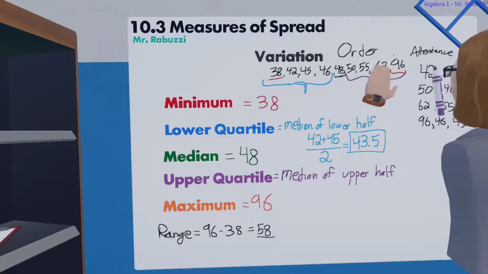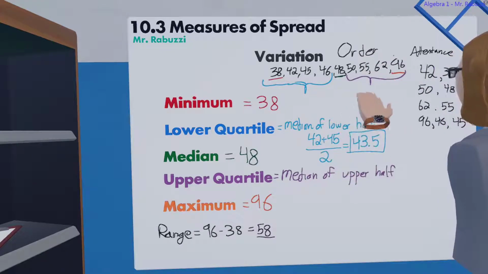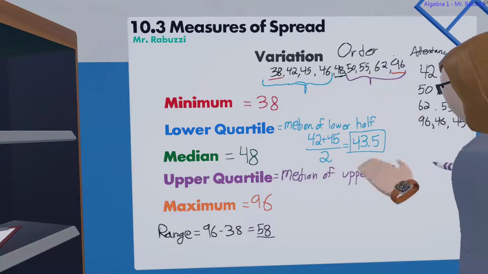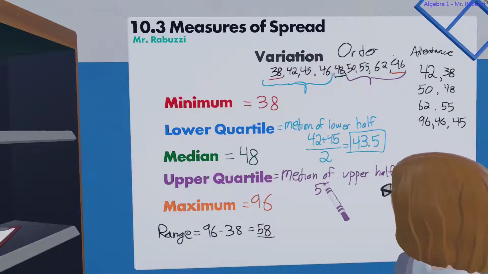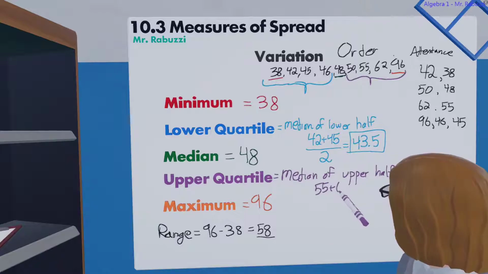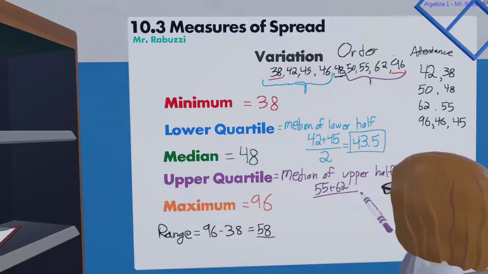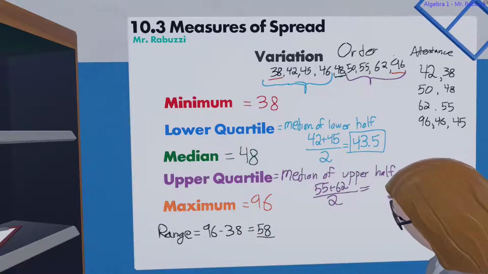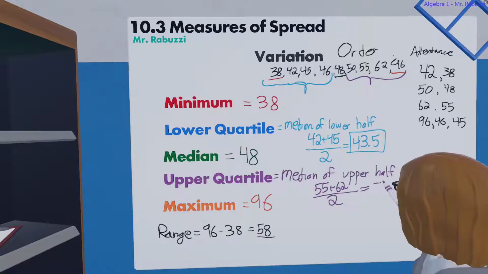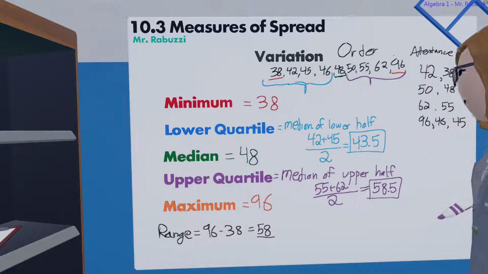We have 2 left, so we do the same thing here: 55 plus 62 divided by 2 equals 58.5. So that's our upper quartile.